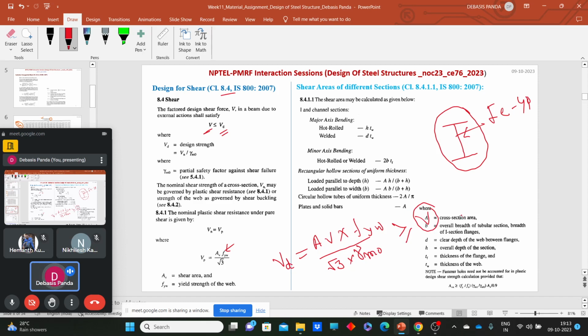So first step, we need to calculate the design bending strength. Then we need to check for the shear capacity.